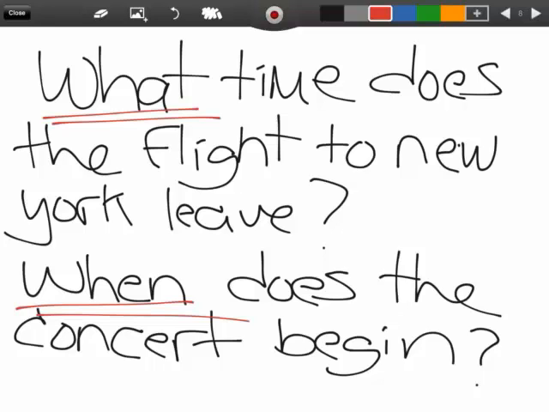For example, if I wanted to ask about a specific event, I would ask it in two ways. One of them is what, and the other one is when. Given my example sentences, I would say, what time does the flight to New York leave? Or when does the concert begin?